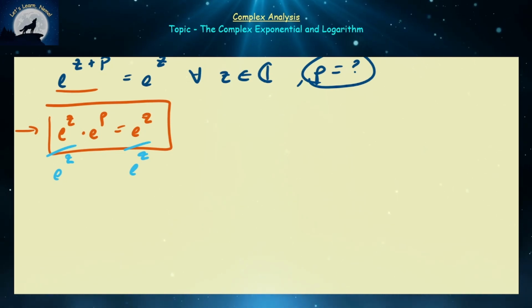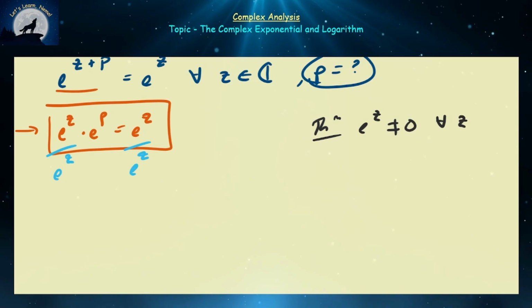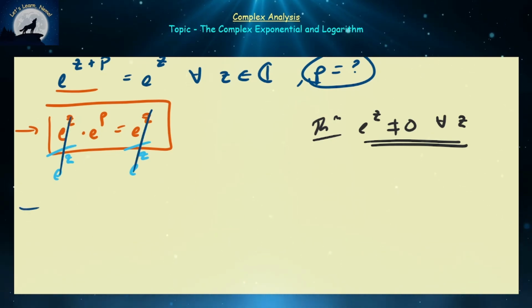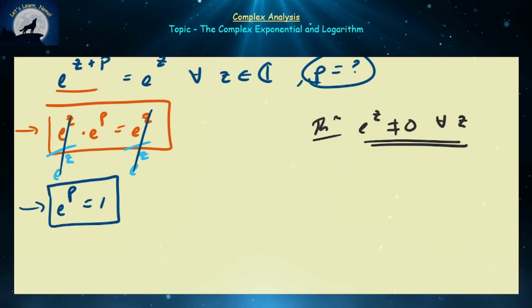But one property that you definitely need to verify on your own is that e to the z is not going to be equal to 0 for any z in the set of complex numbers. So this is going to allow you to do this, right? They're going to cancel out. And then we're just left with e to the p is equal to 1.